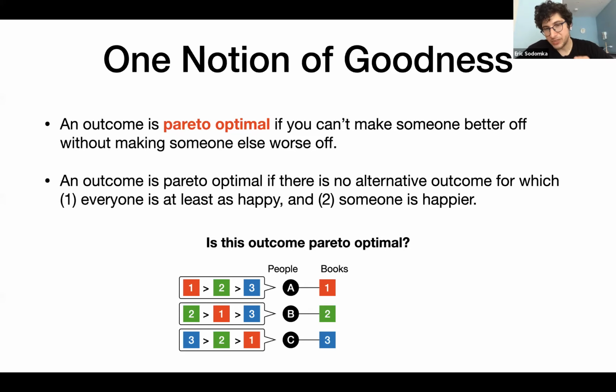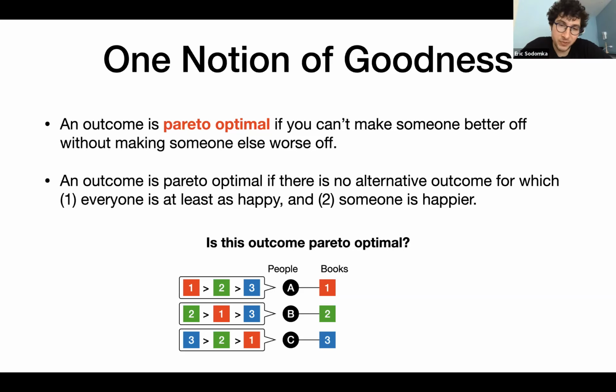And what those edges between the people and books are showing is which of the books each of these people actually received. Forget about how we actually decided who's going to get what book, but this is the outcome. So A got 1, B got 2, C got book 3. And the question is, is this outcome Pareto optimal? This is a question for you to enter in the chat.